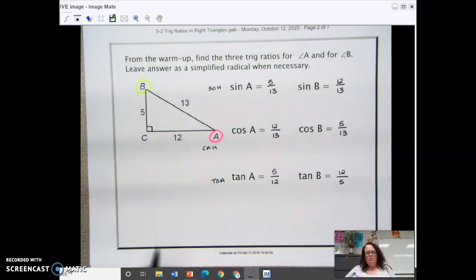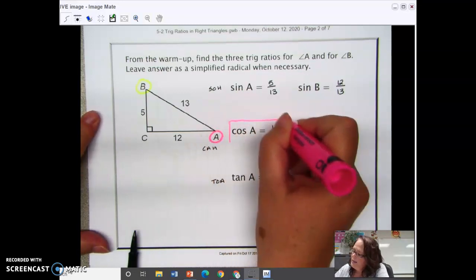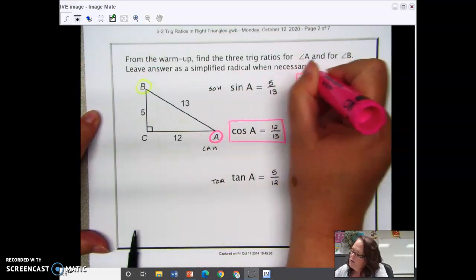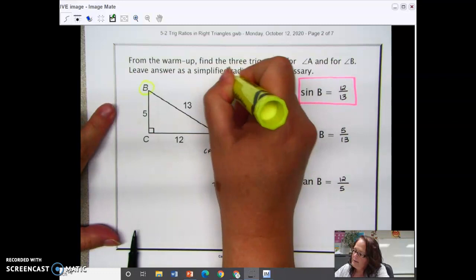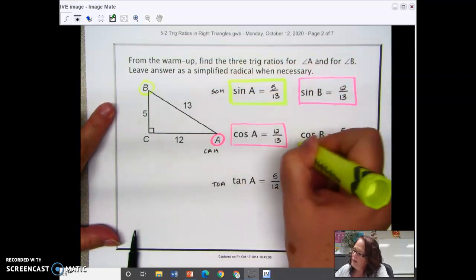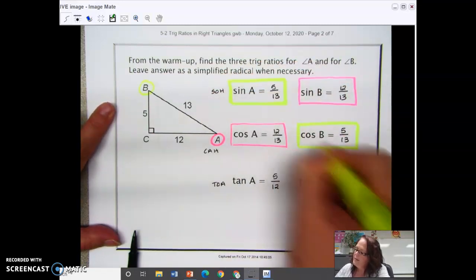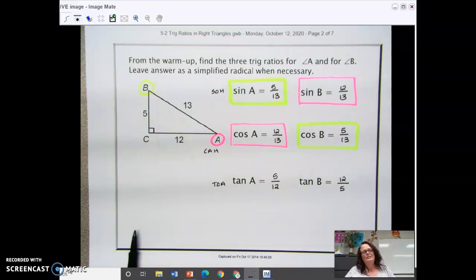So what I want you to notice is the cosine of A has the same value as the sine of B. And I want you to notice that the sine of A has the same value as the cosine of B. So take a look at the tangents and see if you could figure out what relationship they have to each other.